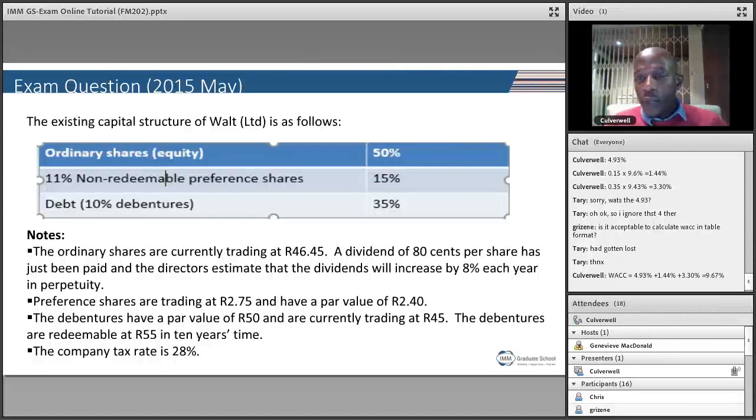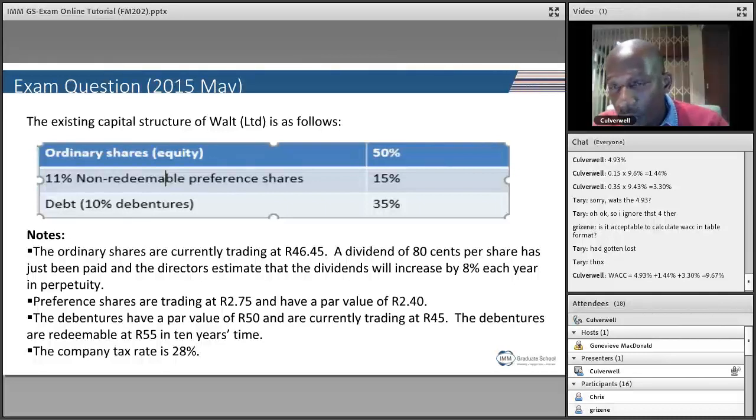So that was going to be your WACC. Like Grisane has asked, can you put this in table format? Yes. Your first column should be the source: ordinary shares, preference shares, and debentures. You bring the weights, the 50% being 0.50, 15% being 0.15, 35% being 0.35. You bring the respective cost, which we calculated separately.